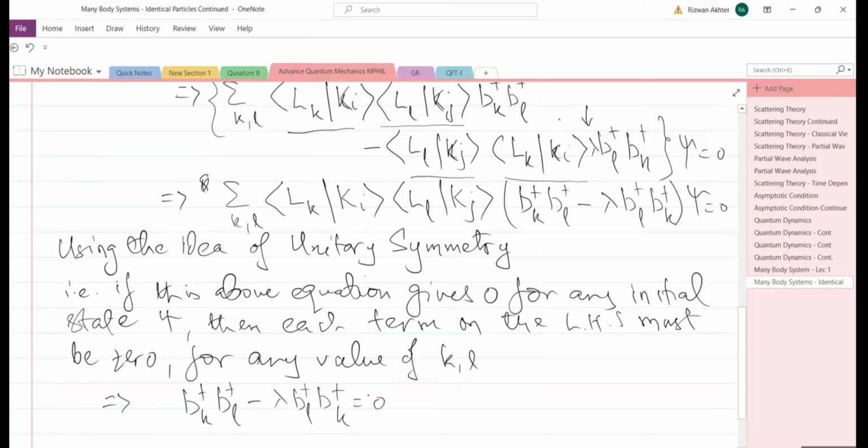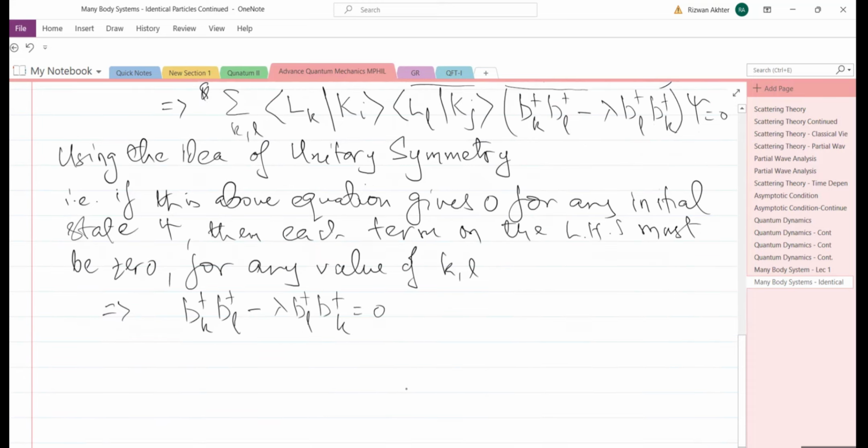And with K L, अगर मैं के एल को इंटरचेंज कर दूं with K and L interchanged, then we would have B L dagger B K dagger minus, बिकॉज हमने कहा था ना किसी भी सीक्वेंस में कर लें बराबर होता है, द ओनली डिफरेंस इज दिस लैम्डा फैक्टर विच इज अ फेस फैक्टर.